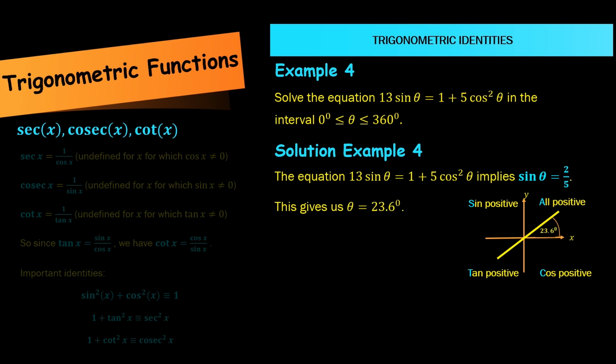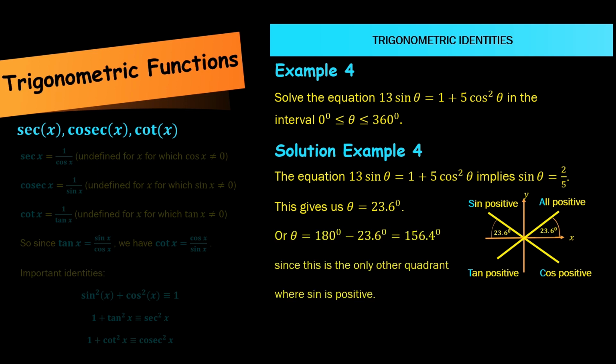Now, there is another solution here. We need to look at all the quadrants where sin theta is positive. So this occurs in either the first quadrant, where we already are, or in the second quadrant. And this also makes an angle 23.6 degrees with the x-axis.